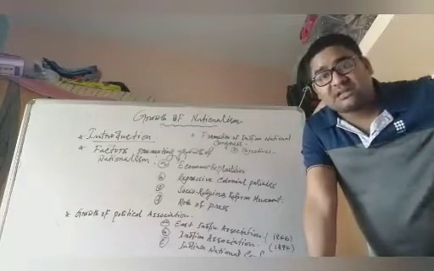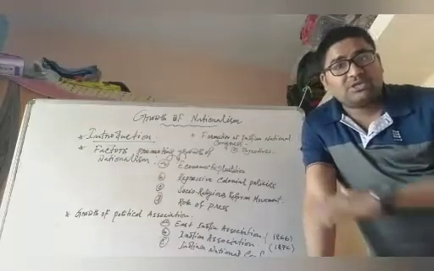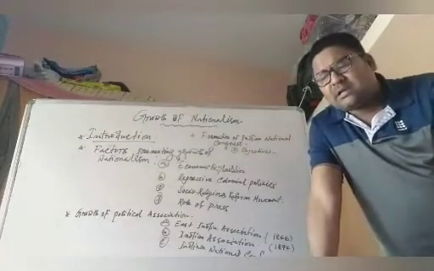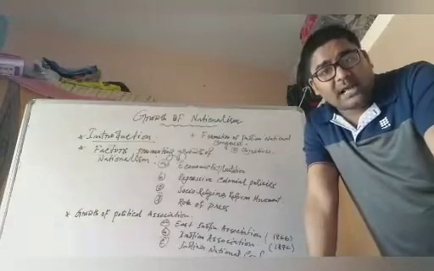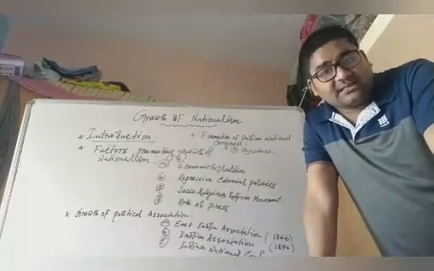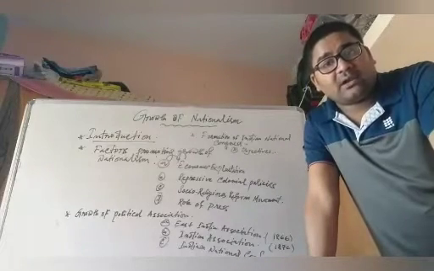So that is why some nationalist leaders like Surendranath Banerjee, Dadabhai Naoroji, Gopal Krishna Gokhale, everyone wanted there to be a national organization or association that would ask demands for the entire country and work for the entire country.